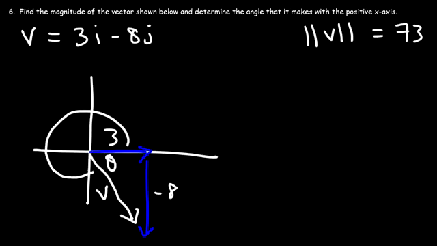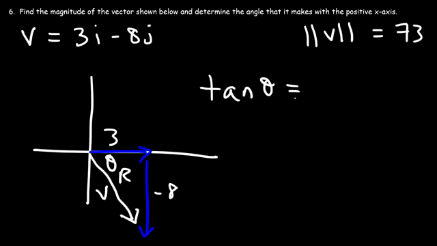But before we find that angle, let's find what is known as the reference angle. That is the angle inside the triangle. The reference angle will always be a positive angle between 0 and 90. And what we can use is the tangent function. If you recall from SOHCAHTOA and trig, tangent theta is equal to the opposite side divided by the adjacent side.